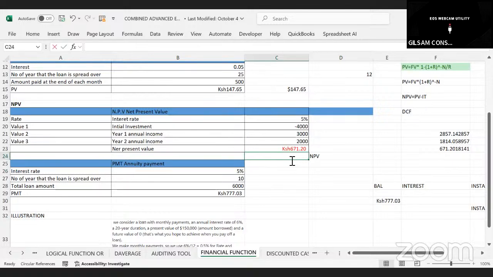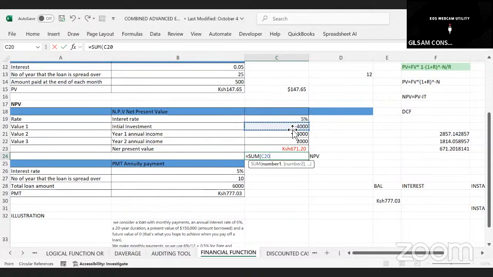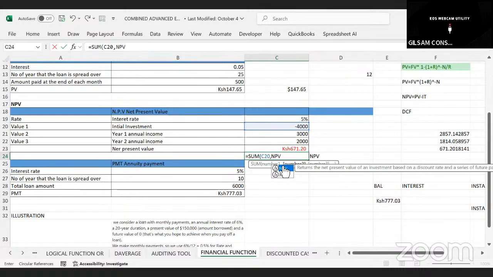You just say equals, you can get the sum of what? The initial investment, that is our sum, because it is a negative. You put a comma, and then from there, introduce a new formula called NPV, and it will ask you the rate, which is this one, comma, value one.